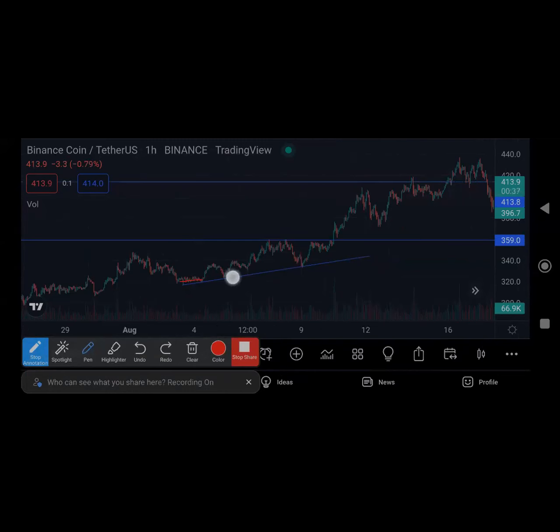This is the first one, this is the second one, this is the third one. You can make your entry at the third one after it's rejected, not just when you touch it. After you see the sign of rejection, you can make your entry, take your first profit at the touch or close half, or wait for a breakout.